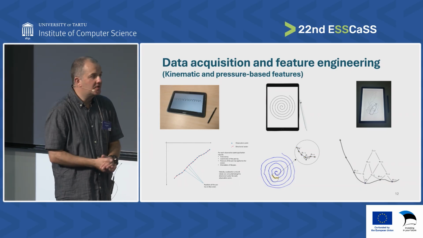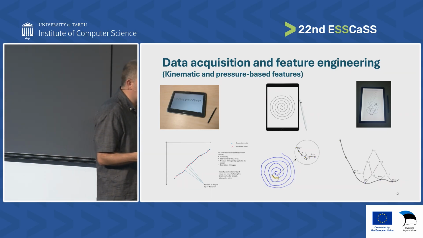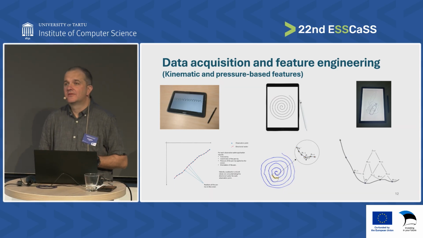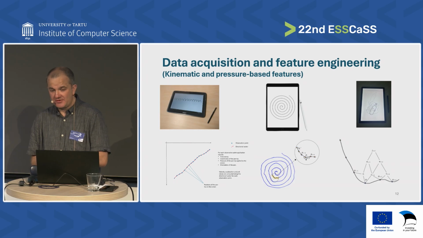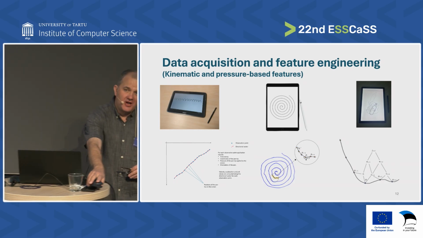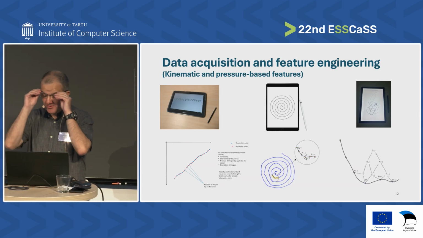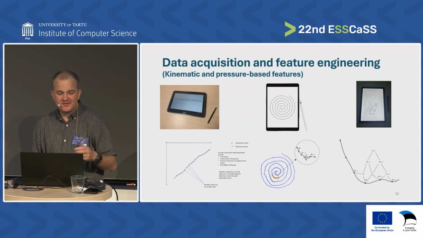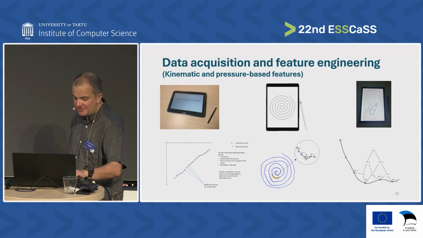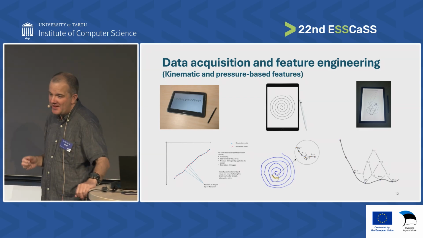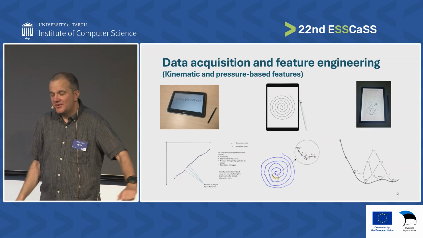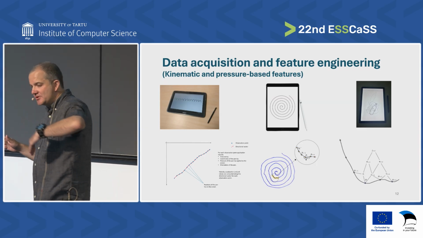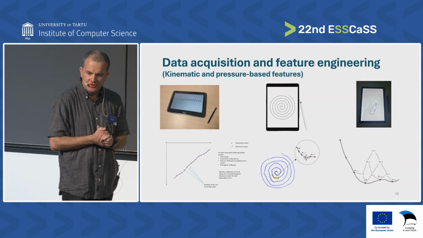You can compute quite a lot of parameters. You can compute velocities, you can compute accelerations. We went up to the sixth derivative in order to see what would happen. Then we computed quite many different angles in order to again observe how smooth the motion was.